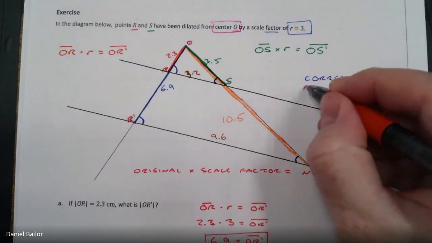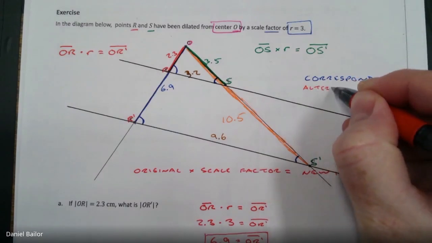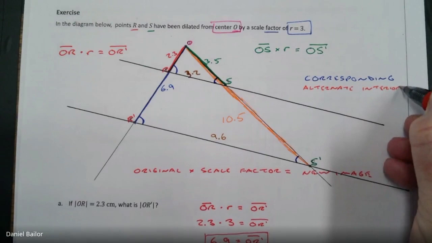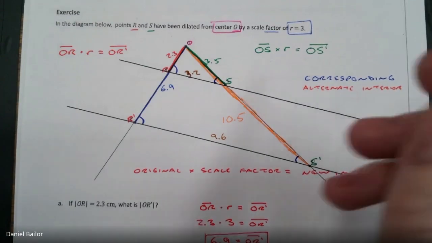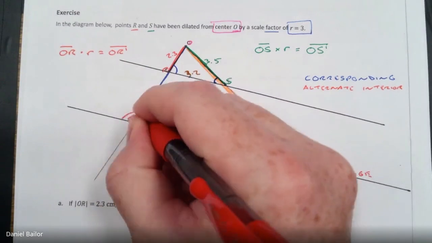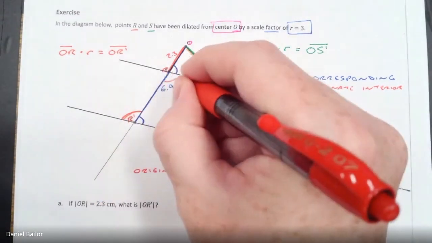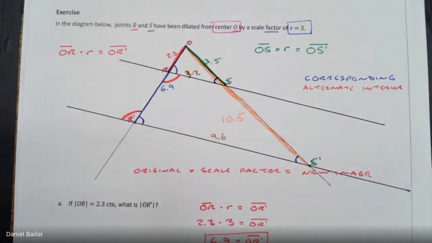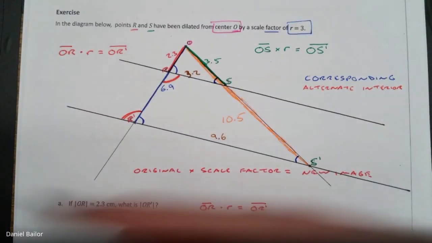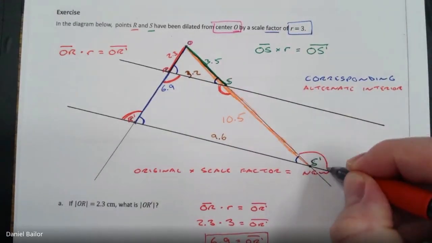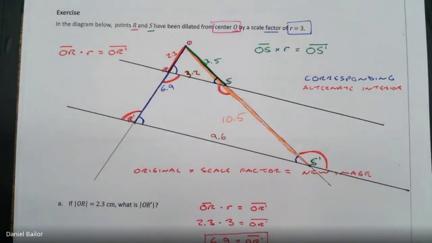Also, remember that in Module 2 we talked about alternate interior angles. Because you know alternate interior angles, you know that this angle and this angle are equal because they are alternate interior angles. You also know that this angle and this angle are equal because they are alternate interior angles.